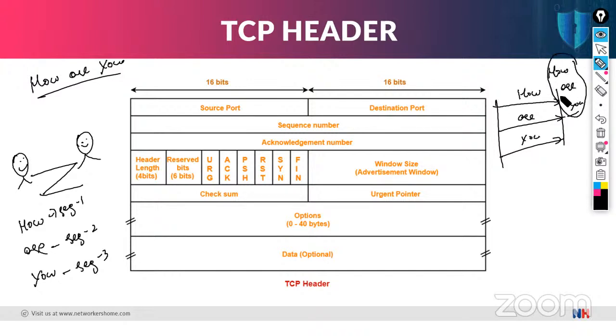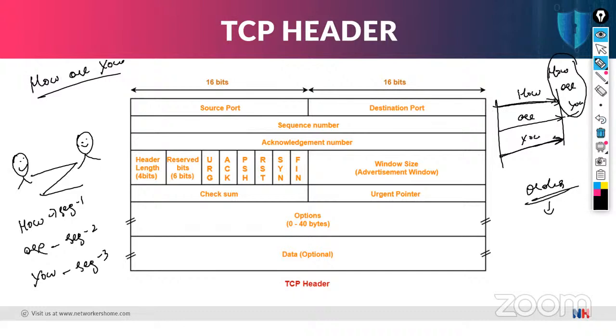It's in order. What if any one of the segments is missed, guys? Then the order of the data will be missed. What happens if "are" is sent at the end and "you" has been sent at the beginning? If this is the case, then the order of the data is not there. Simple thing.